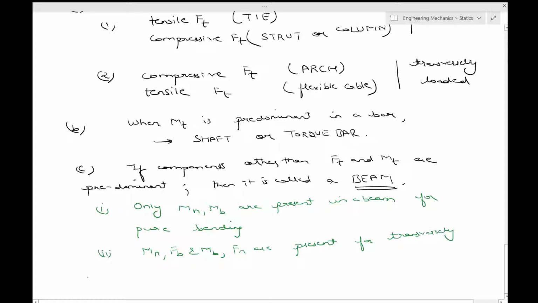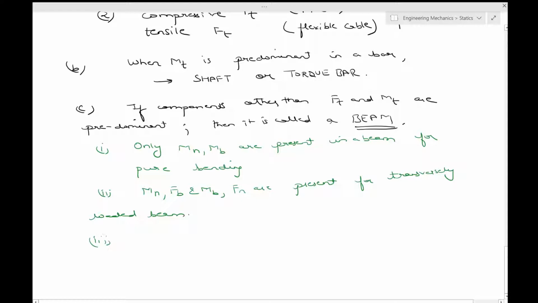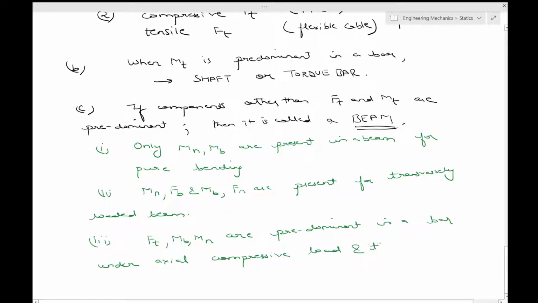And then you can have Ft, Mb, Mn predominant in a bar under axial compressive load and transverse loads.